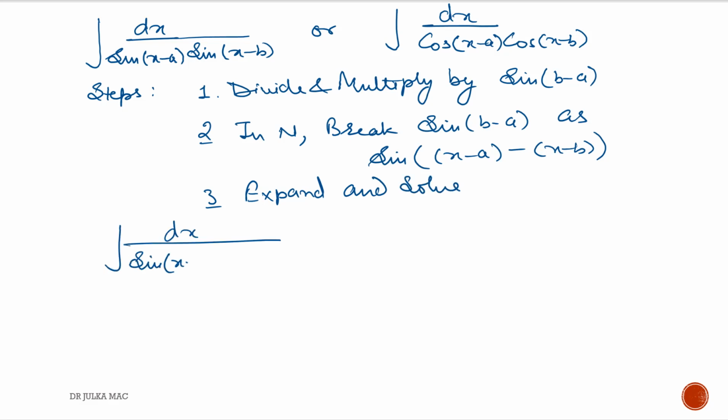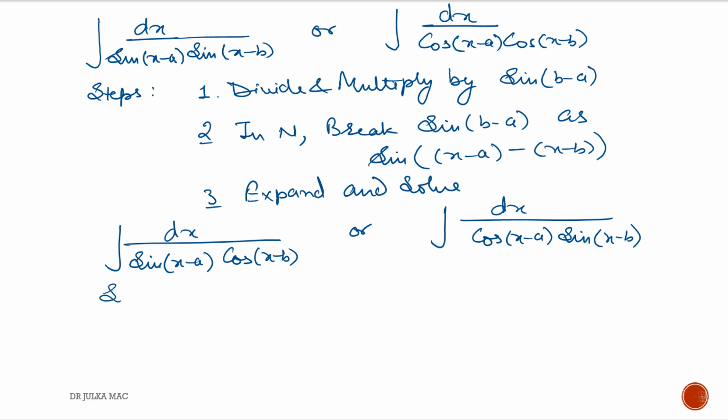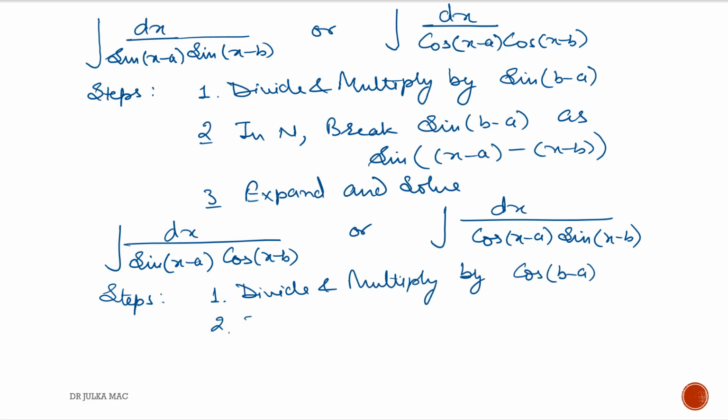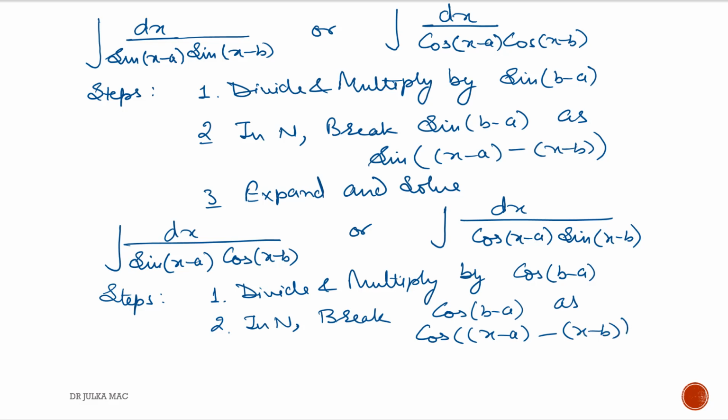But if in a question we have dx divided by sin(x minus a) into cos(x minus b), or dx divided by cos(x minus a) into sin(x minus b), then first divide and multiply by cos(b minus a). In the numerator, break as cos of angle (x minus a) minus (x minus b). Then expand and solve.